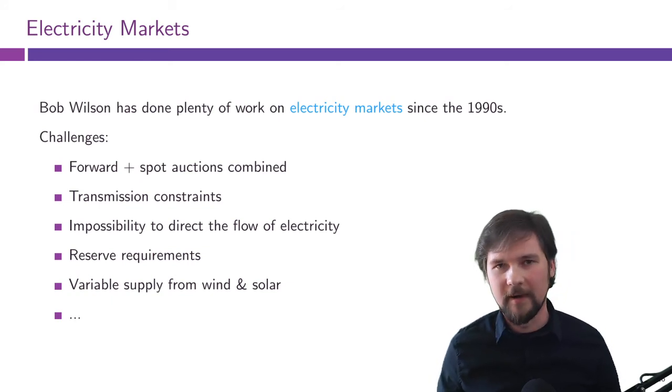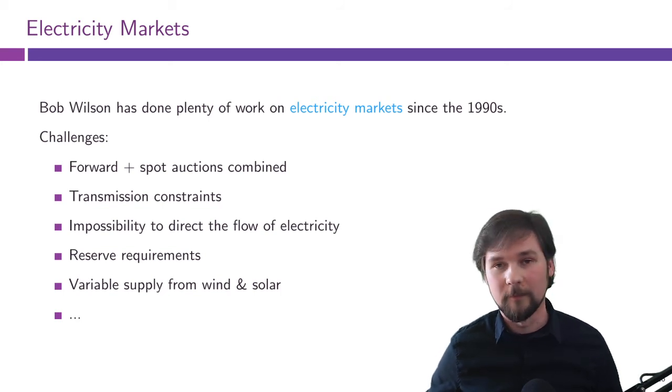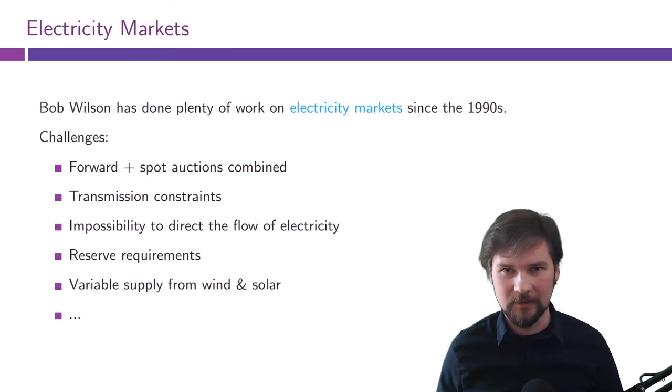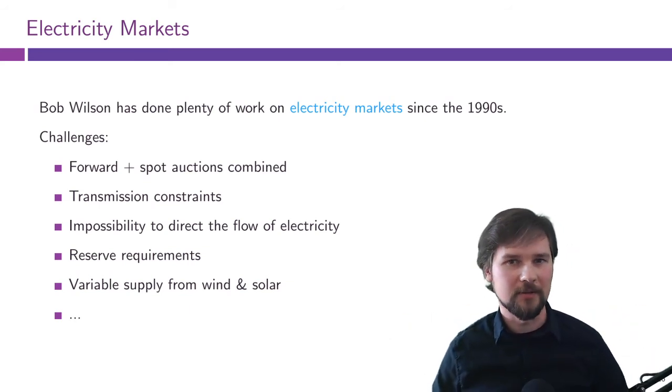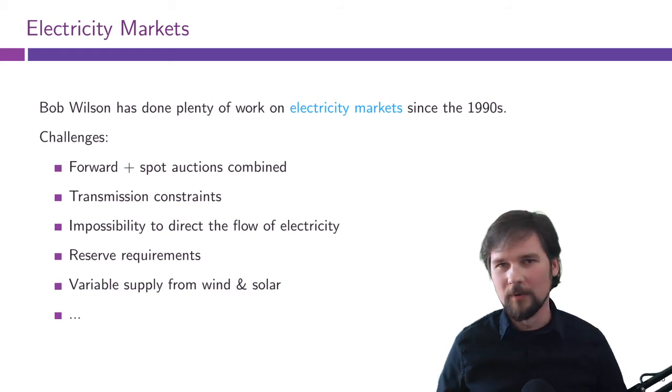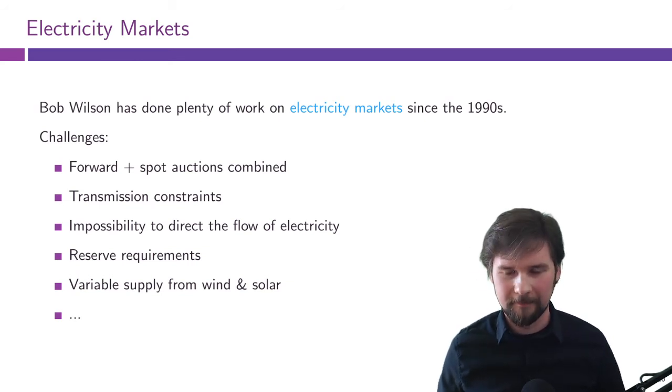And then, finally, with the rise of renewable energy, the unstable supply of electricity from wind farms and solar farms in particular does contribute a lot to volatility in electricity markets. So there are many different factors to take into account in electricity markets, and Bob Wilson has done, again, plenty of work trying to account for at least some of them.